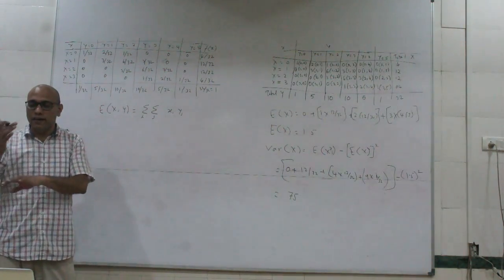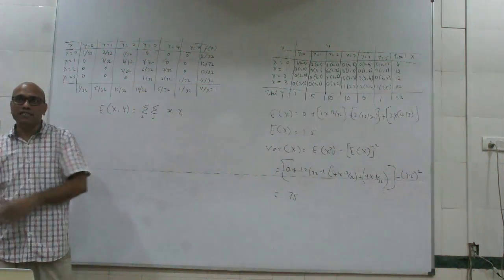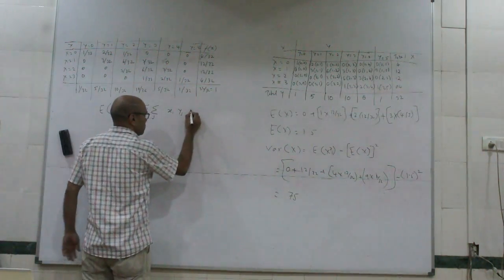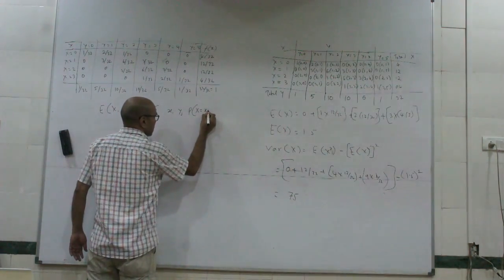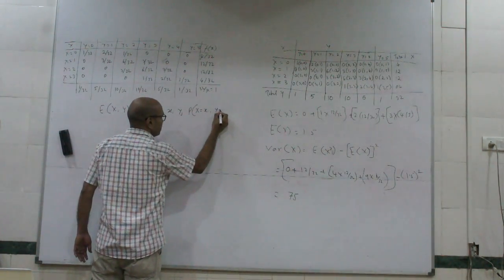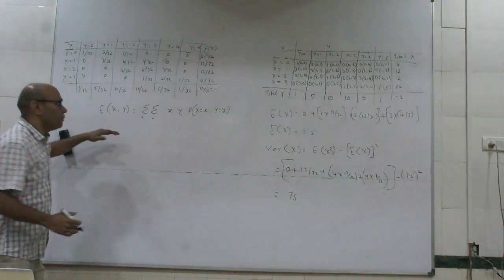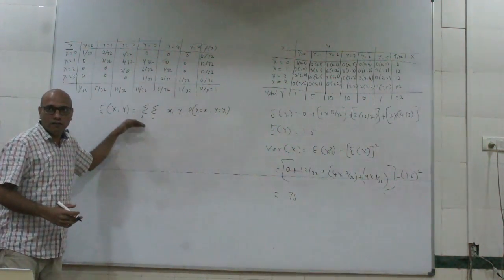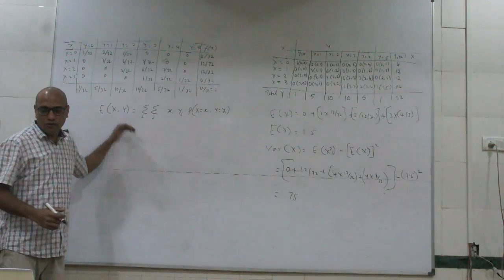Pz is x takes a value xi and y takes a value yj, right? So this would be probability that x takes a value xi and y takes a value yj. This is my expectation of a jointly distributed variable, expectation x, y.